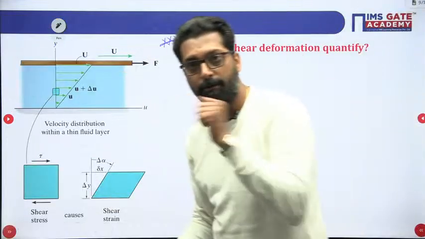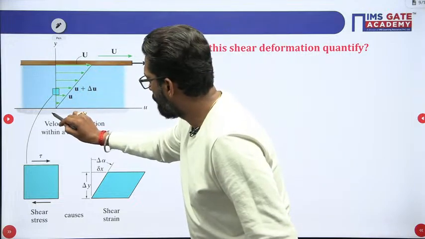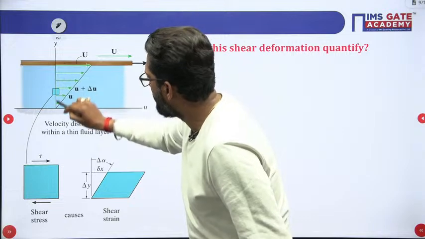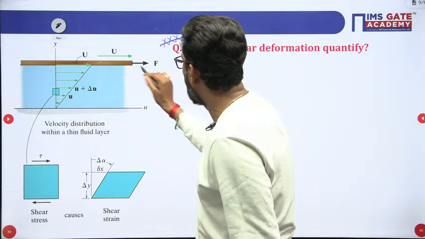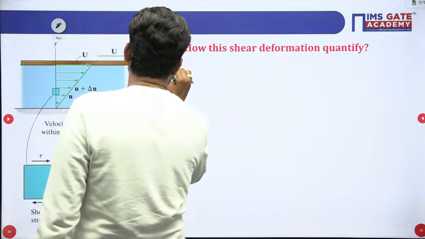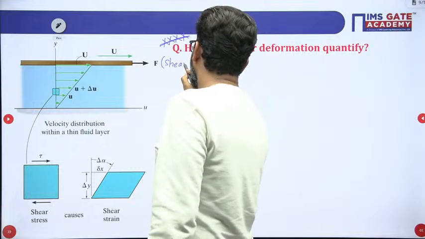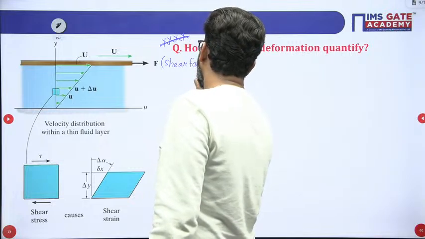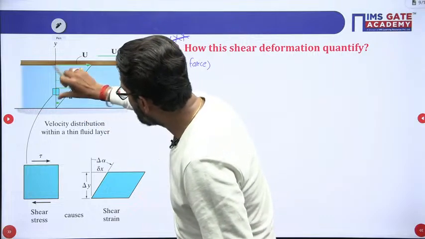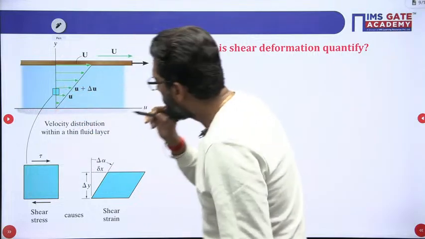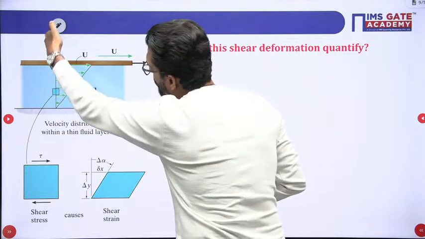So my dear, think of this one. This is your fluid, this is your fixed plate, this is the moving plate, this is your y direction. You apply the tangential force, the shear force. You apply the shear force, and each and every layer tries to deform. So this is at y position, this is at y location.